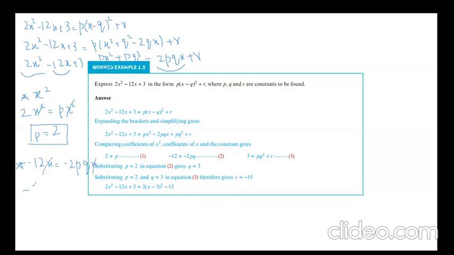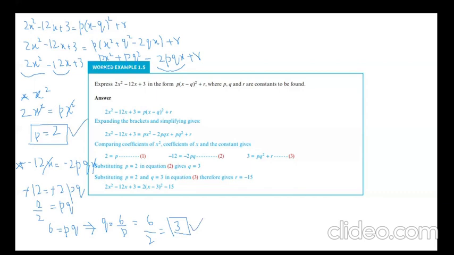X cancels out, so minus 12 equals minus 2pq, minus minus cancels out, 12 by 2 equals pq. So 6 equals pq, so q equals 6 by p. So this must be 6 divided by p, where the p value is 2. So 6 by 2 equals 3, q equals 3. So we have found p and q.